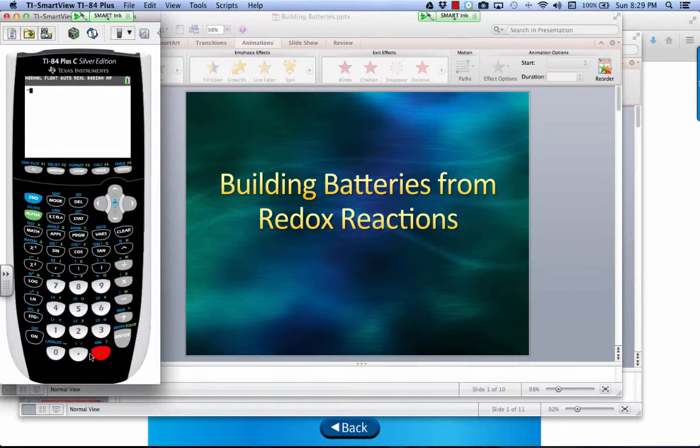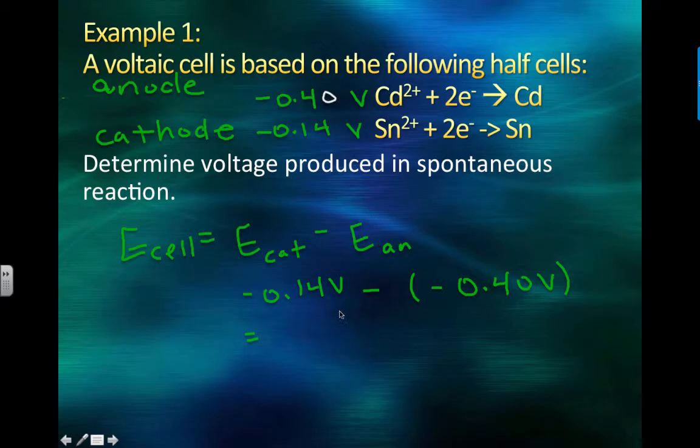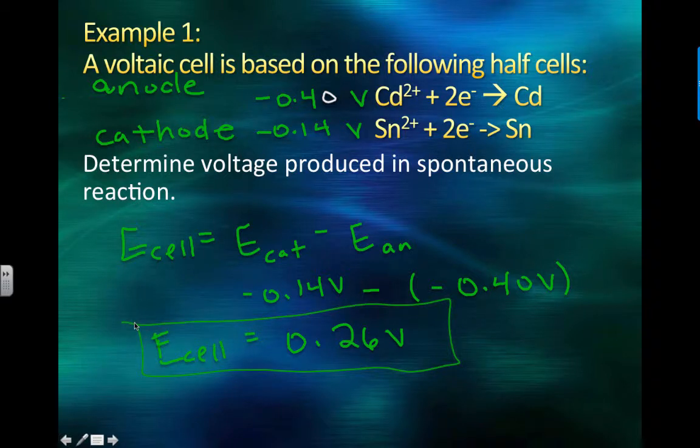That gives us a cell potential of positive 0.26 volts overall. And since this is a positive value, we see that the cell potential is indeed spontaneous for our battery to work. That's good. We want to produce energy, not use it up. Batteries that use up energy are no good.